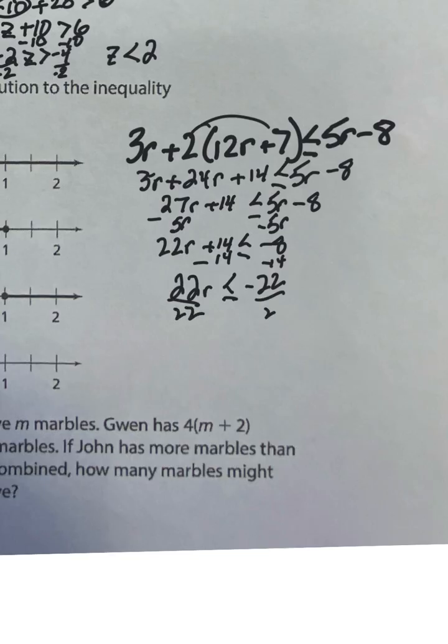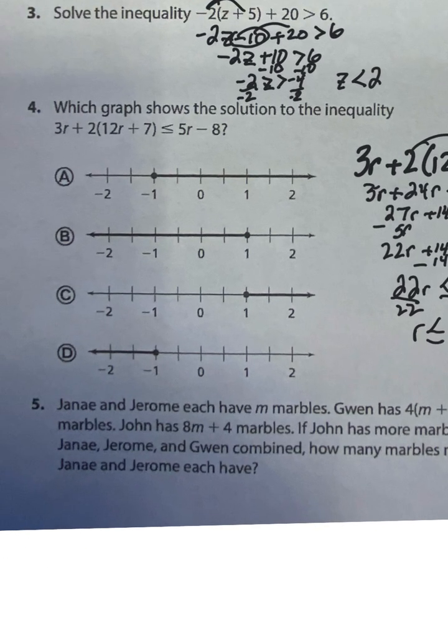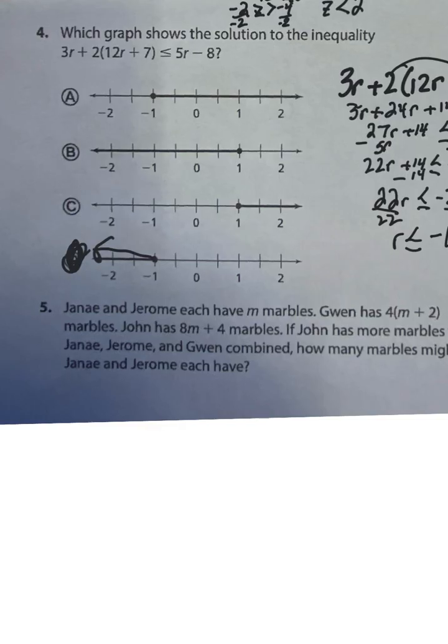Divide each side by 22. I get r is less than or equal to negative 1. Look over here. There's the negative 1. It's less than it, so it's got to be going that way, so it must be this one. Even though I did this one all together, we'll do it again.